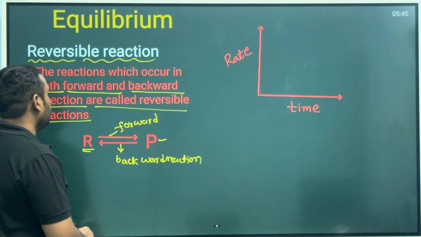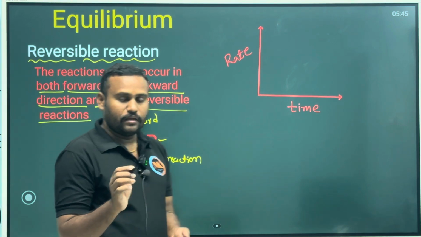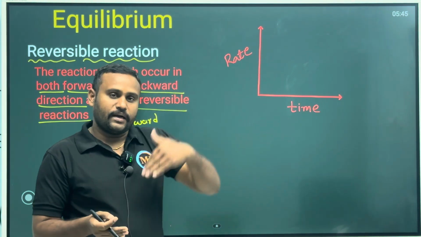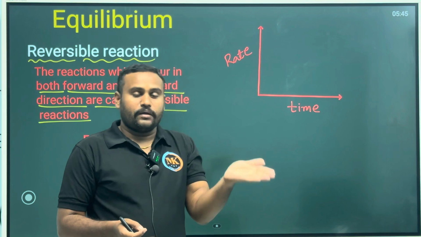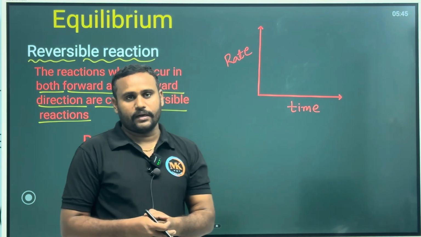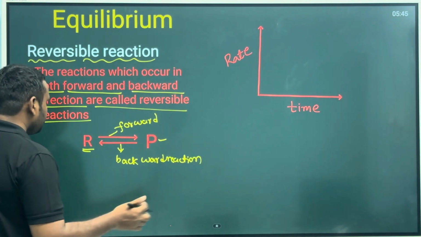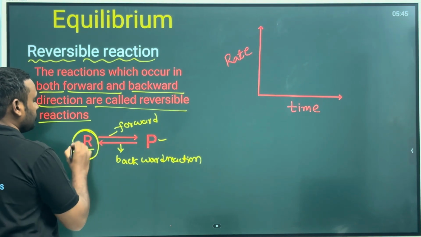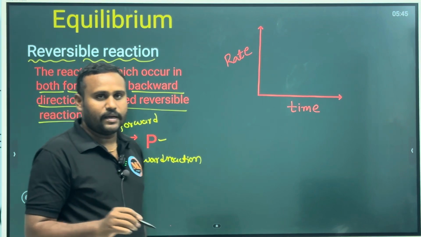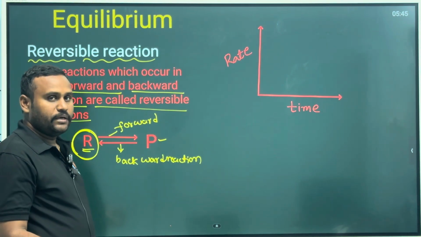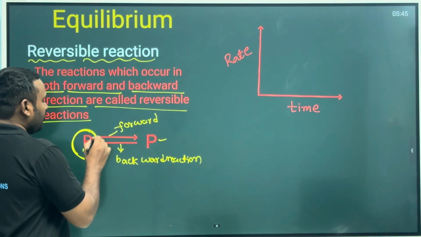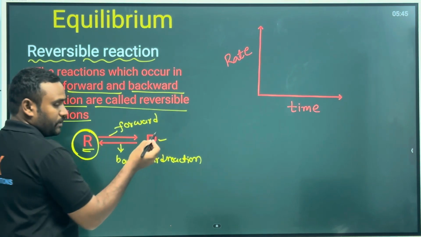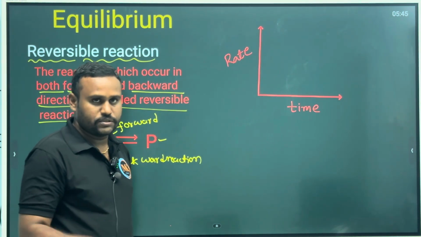In a reversible reaction the reactant can be converted into product and again product can be converted into reactant. Now let us consider that we start with only the reactant R. At initial time only reactant is converted into product, because there is no product at initial time.